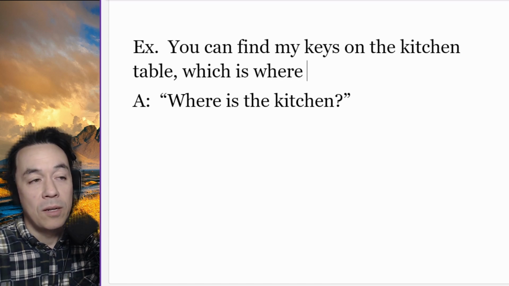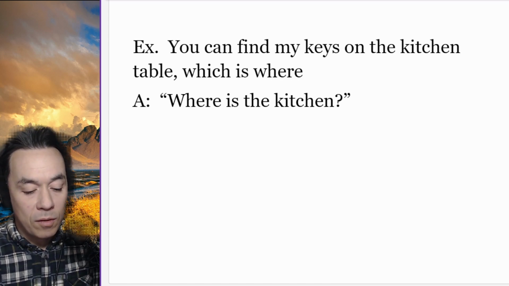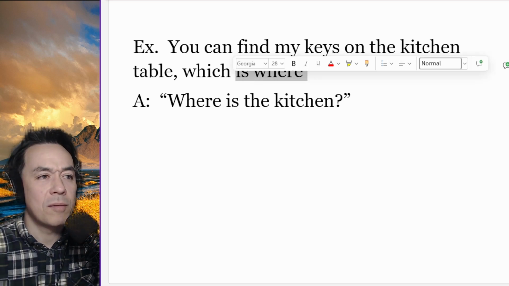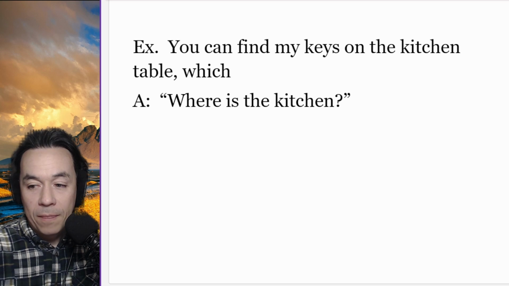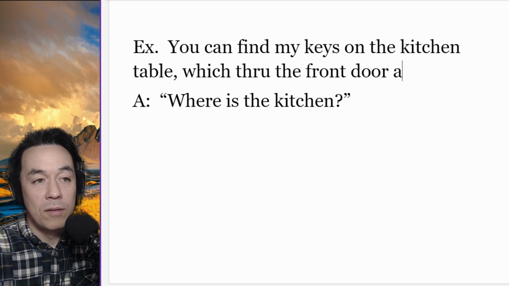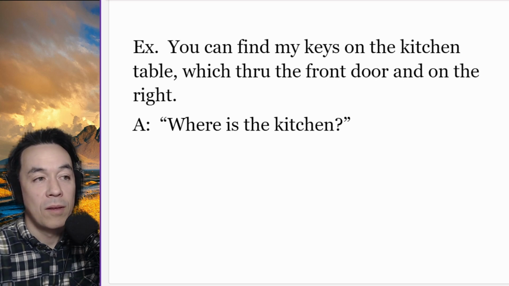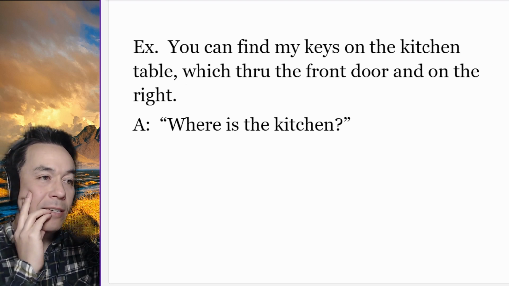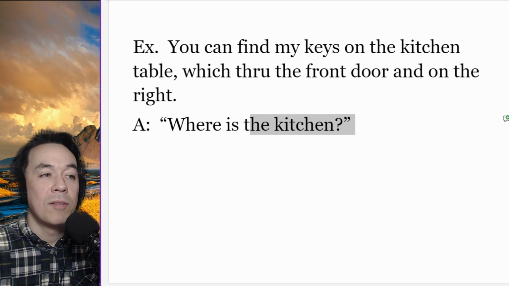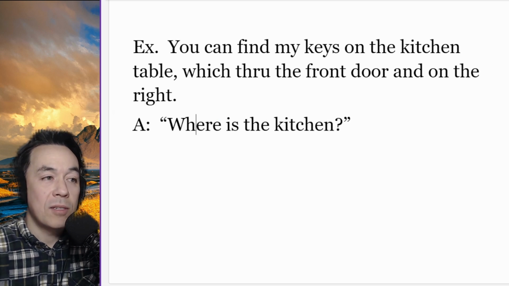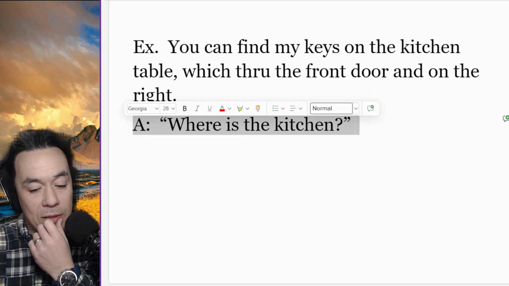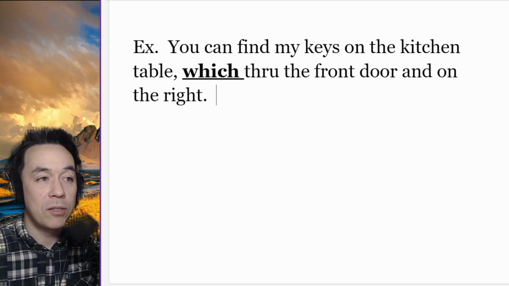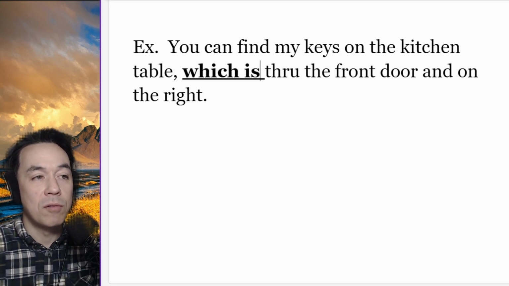Which is through the front door on the right. Well, actually no, this is just explaining the place. I'm not really telling a situation, so that one doesn't quite work. This is just a normal one, which is through the front door.